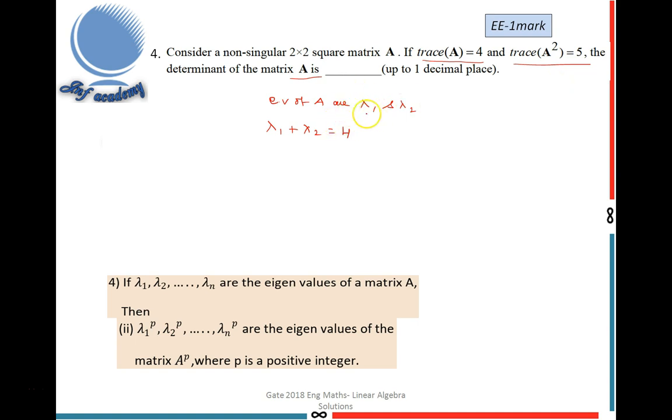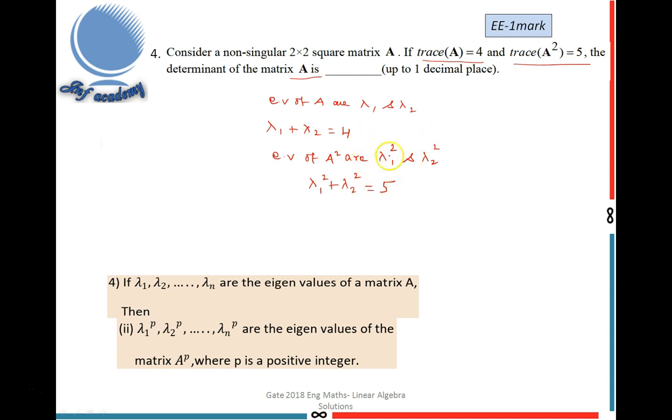So eigenvalues of A square are lambda 1 square and lambda 2 square. Again, by the first property, lambda 1 square plus lambda 2 square equals trace of A square, which is 5.